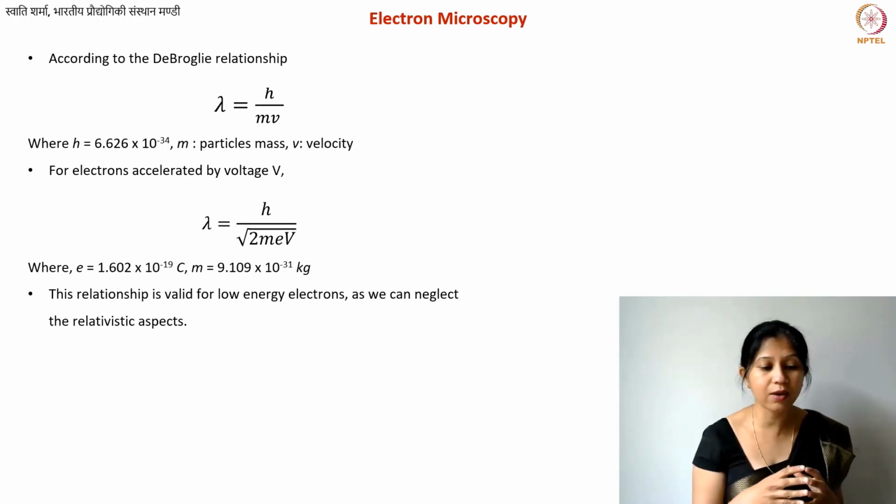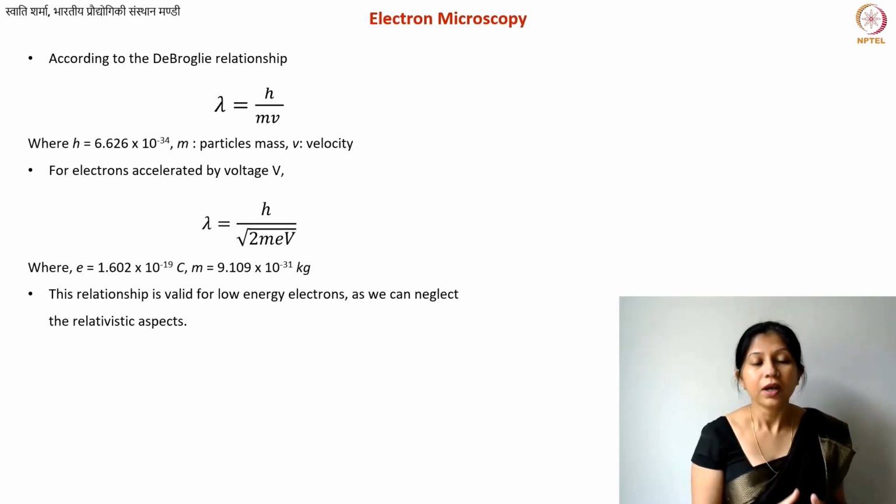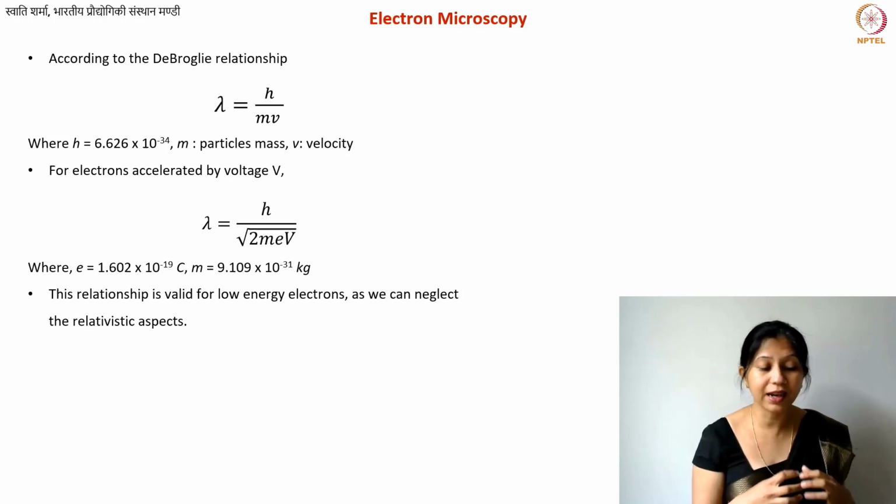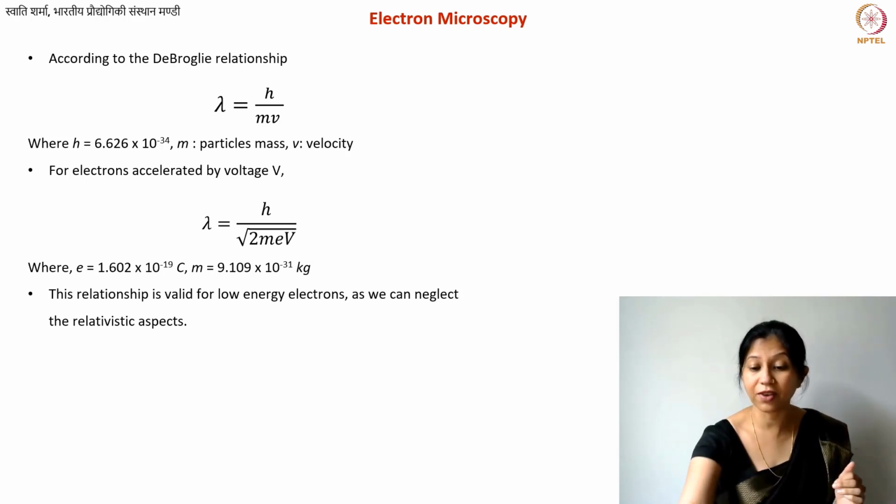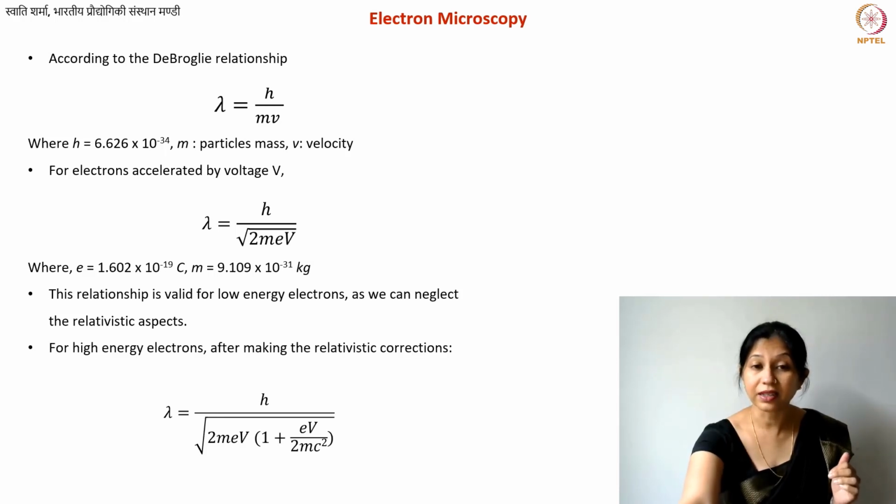Low energy means the voltages using which we are accelerating them are not too high, and we will see what we call too high and what not. For these low energy electrons, this relationship is valid, because we are ignoring any relativistic factors. So what happens if we have very high energy electrons, and we also need to make relativistic considerations? In that case, this is what the relationship changes to.